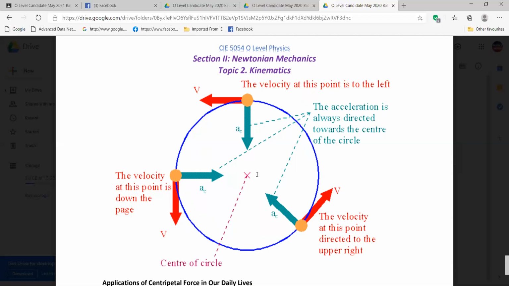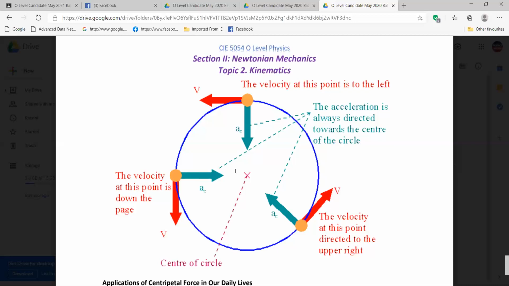So there will be one acceleration working towards the center of the circle. Clear to you? Yes, sir. So the centripetal force, the acceleration and the resultant force all work towards the center.